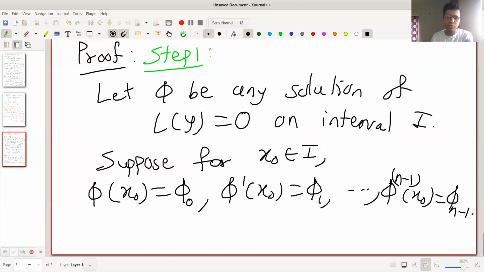Okay, so this phi is a solution of L of y equal to 0. What we have done, we obtain values of phi and its derivatives at a certain point x naught. Phi of x naught is some constant phi naught, phi dash of x naught is phi 1, and so on. Phi n minus 1 derivative at x naught is phi n minus 1.